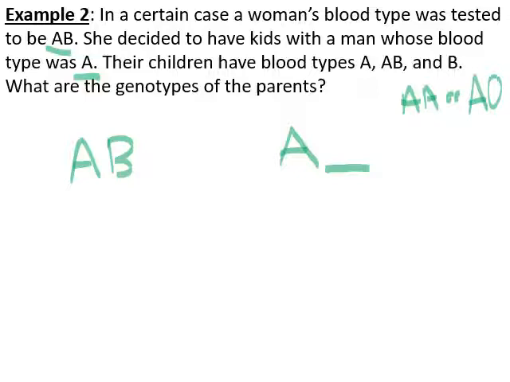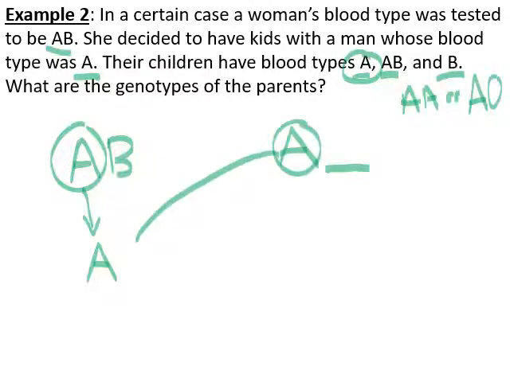So let's look at the possibility. We have children that are type A, type AB, and type B. To figure out the genotype of the father, we have to think, okay, this type A child could have been made from the A from the mother, and if it is type A, it could have inherited this A from the father, so that could have been one case.